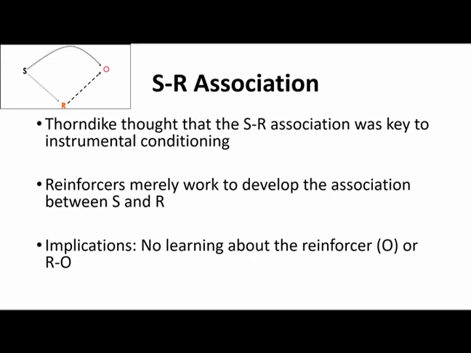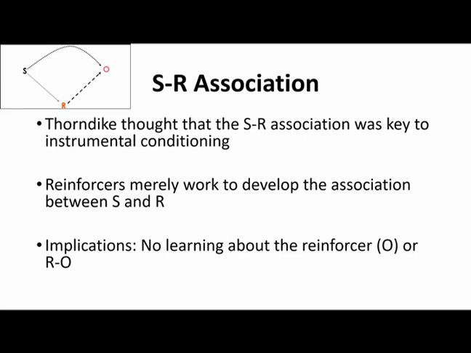The idea was actually very similar to Pavlovian conditioning, where as this stimulus is followed by this particular response, there's a stronger and stronger association between the stimulus and the response. And according to Thorndike, the reinforcers, this O term, merely served to sort of stamp in, was his specific term, to stamp in that association between the stimulus and the response.